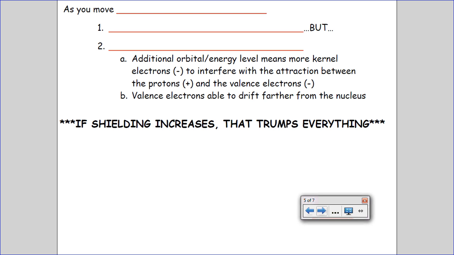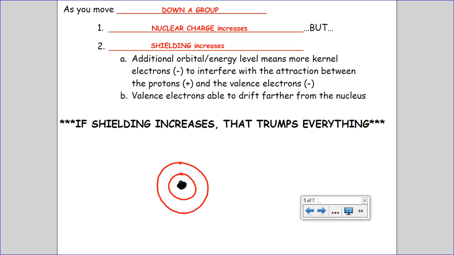As you move down a group, we have a scenario where the nuclear charge increases, but shielding also increases, because as you go to the next group down, you're adding another ring of electrons.